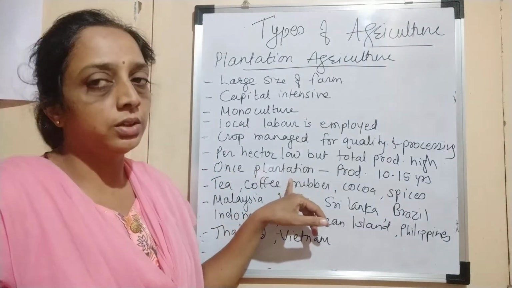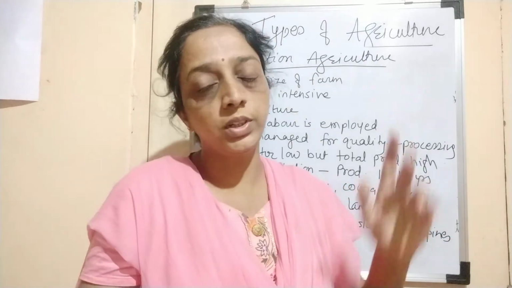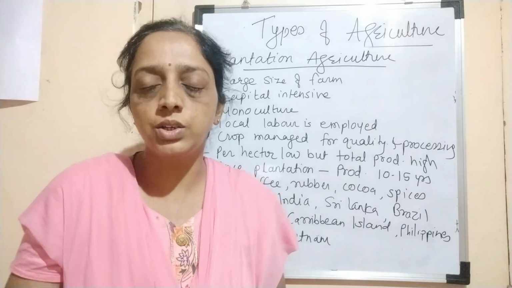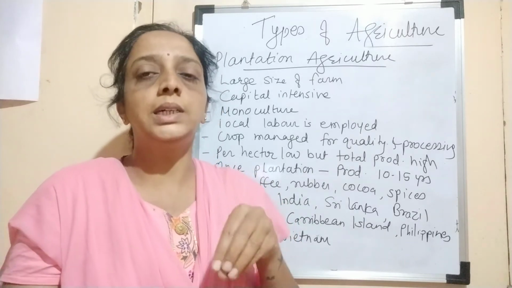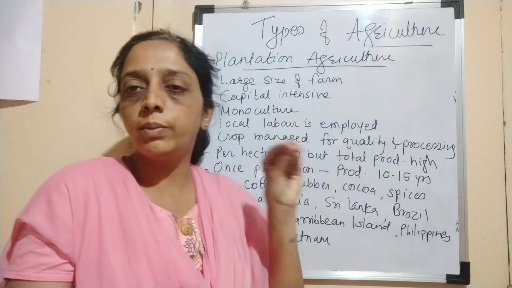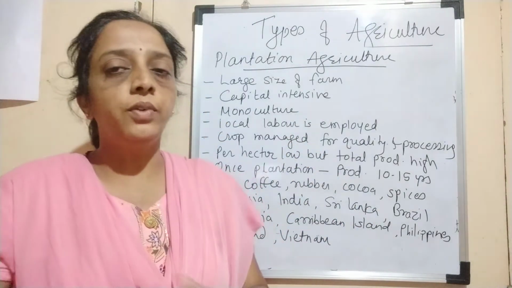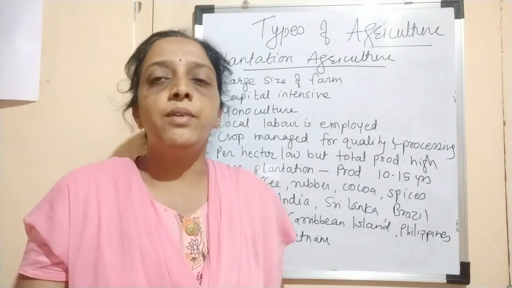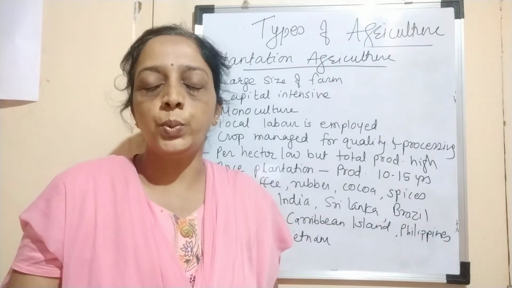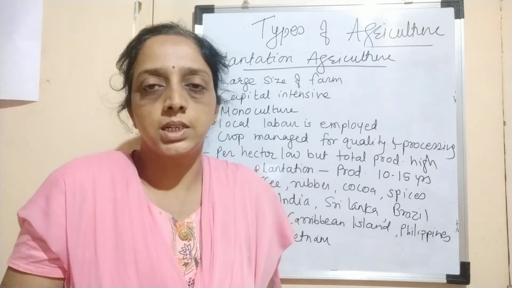Once planted, production continues for 10 to 15 years. This is one of the major characteristics: once the tea, coffee, cocoa or rubber plantation is done, after that every year, after harvesting, the production is taken.